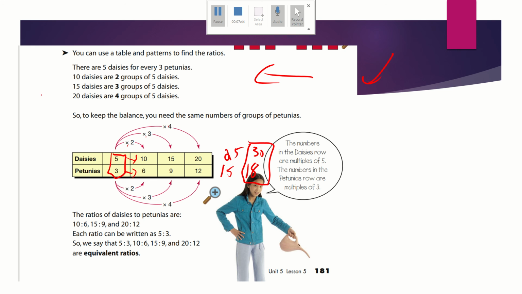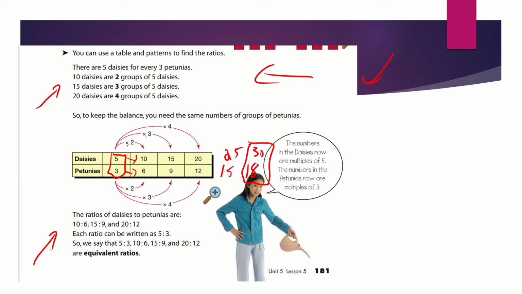So here, the big thing is, if we have 5 daisies for every 3 petunias, we have 10 daisies or 2 groups of 5 daisies, 15 daisies or 3 groups of 5 daisies, and 20 daisies or 4 groups of 5 daisies. So the ratios of daisies to petunias are 10 to 6, 15 to 9, 20 to 12. We could write 25 to 15, 30 to 18.